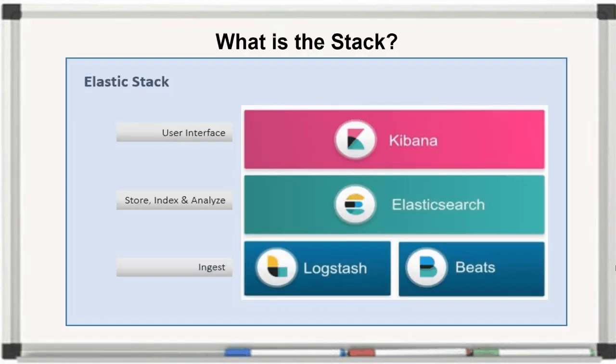Simply put, it's a group of services that each has a part to play in the collection, storage, and analysis of data. At the ingestion level, you could use centralized servers such as Logstash, or lightweight Beat agents such as Filebeat or Packetbeat. In the middle of it all, you have the meat and potatoes, Elasticsearch, which is a NoSQL database, but it does much more than just store data.